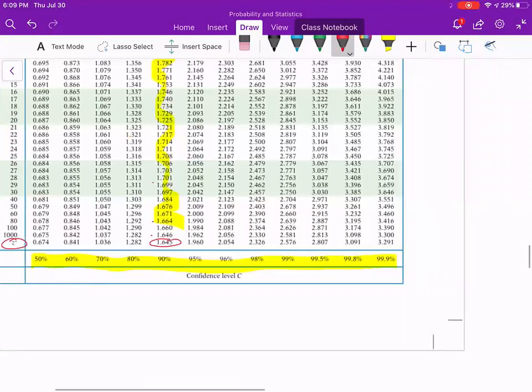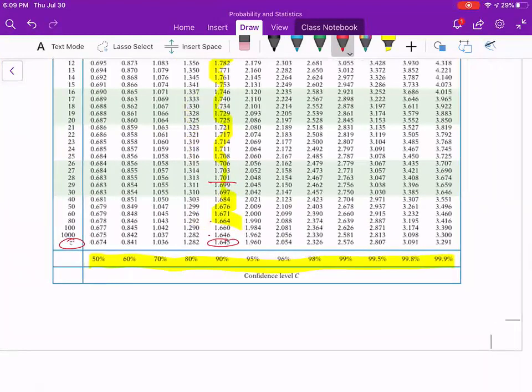You might even go so far as to feel that 1.699, 1.7 is really close to that. But at 30, we're at 1.697. So if you feel that that is close enough, then fine, it's an okay approximation. I don't know how picky WebWork will be. I'm not sure exactly what the thought process is, but I'm sure you'll discover it very quickly. So I don't know if they approximate it with a z or if they are more accurate with the t.